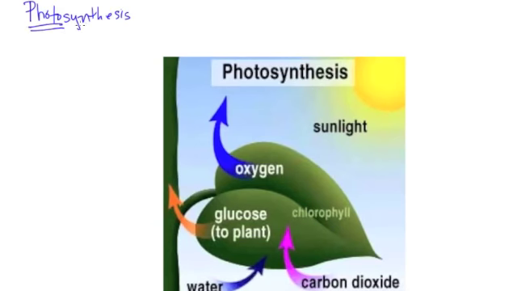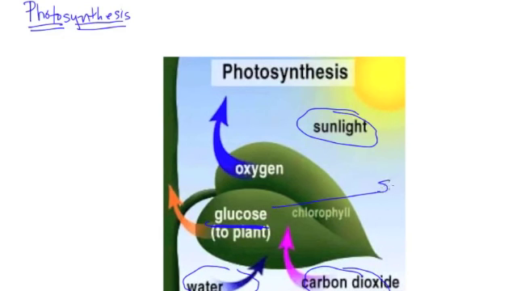Photosynthesis, photo meaning light, synthesis meaning to put together. This is the process of taking sunlight or solar energy and converting carbon dioxide and water into chemical energy in the form of glucose or sugar. Organisms that go through photosynthesis we are going to call autotrophs.